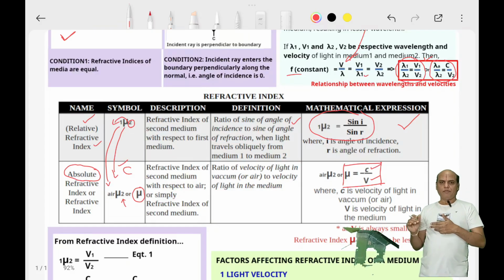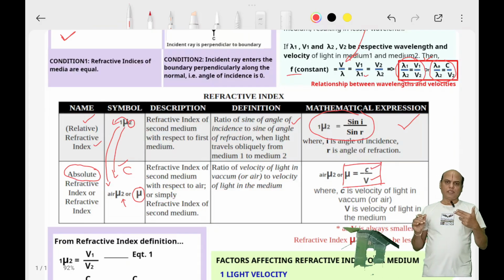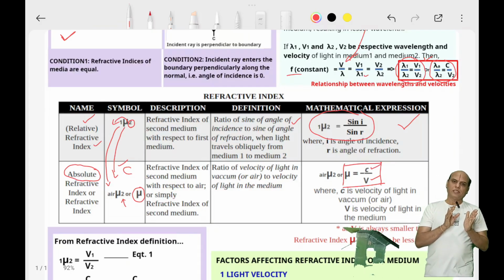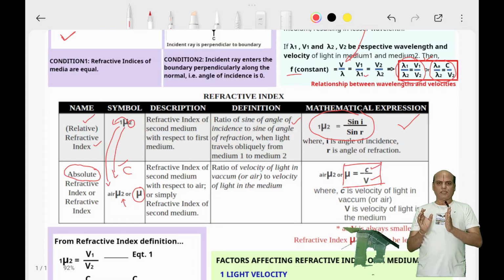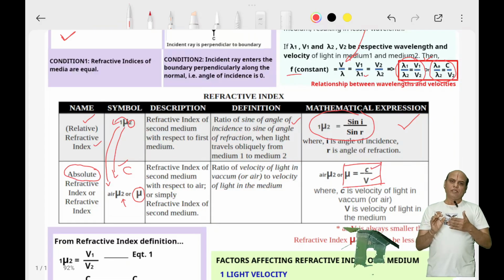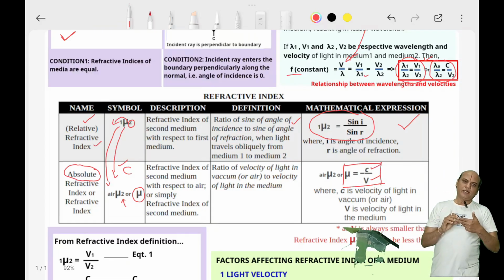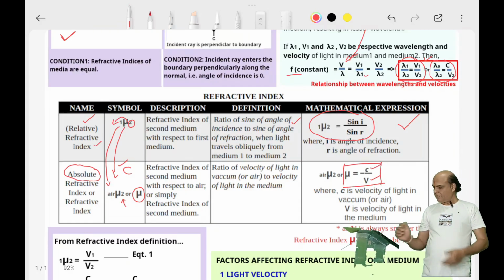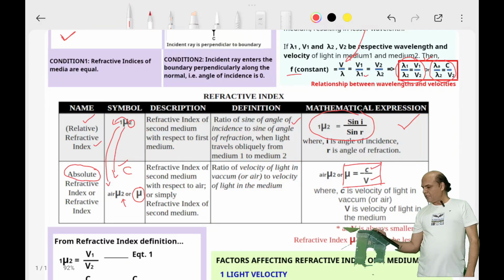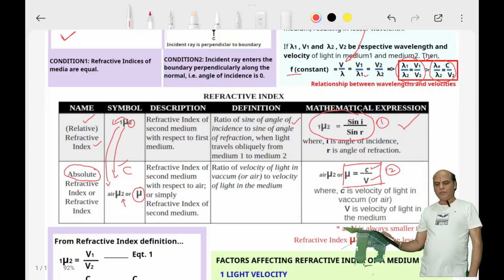The second way of defining refractive index is the absolute sense, where the first medium is considered as vacuum or air. The refractive index in the absolute sense is defined as the ratio of velocity of light in vacuum or air to velocity of light in the medium. These are the two ways of defining refractive index. I hope it is clear.